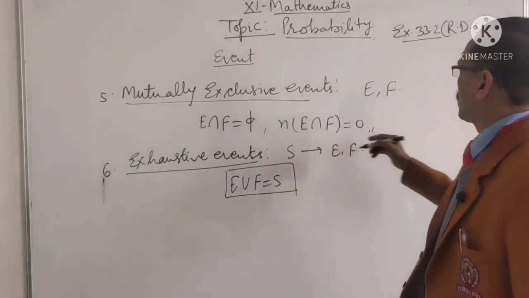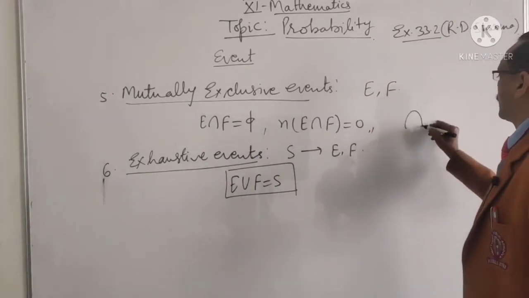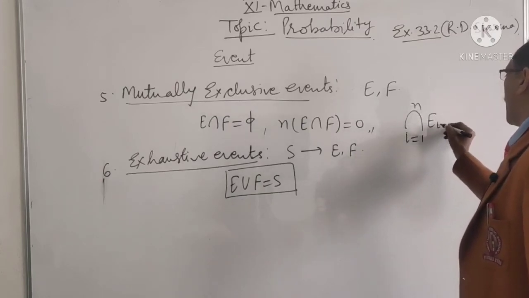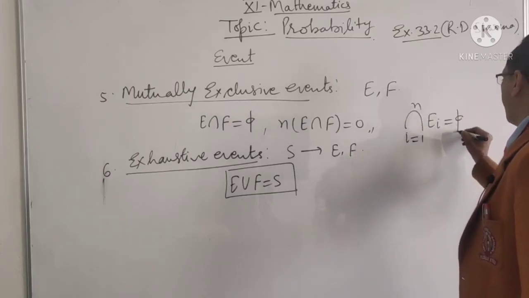The mutually exclusive event also can be written as intersection i equal to 1 to n, Ei equal to ϕ.